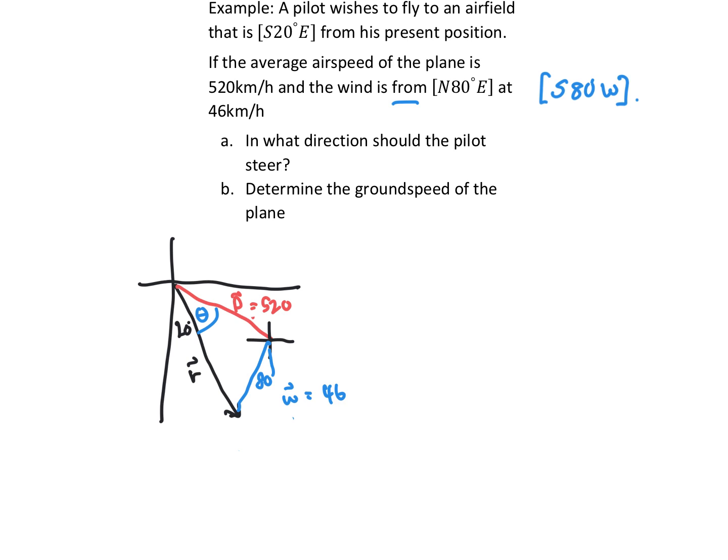So if this is 80, we know 46 is opposite the angle that we want. So we're going to use the 520 because we know that side. So we need to find the angle opposite the 520, which is this angle.